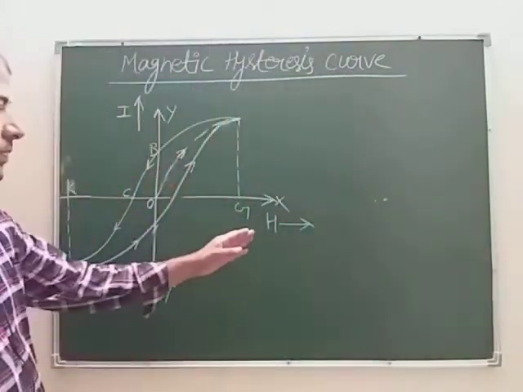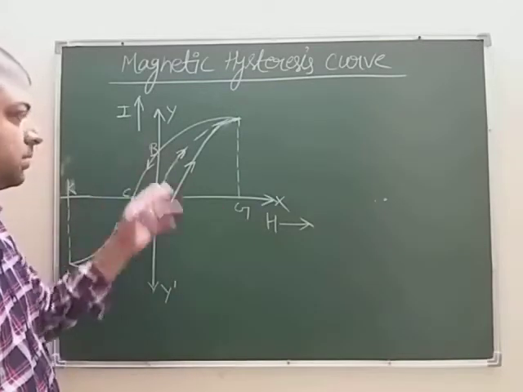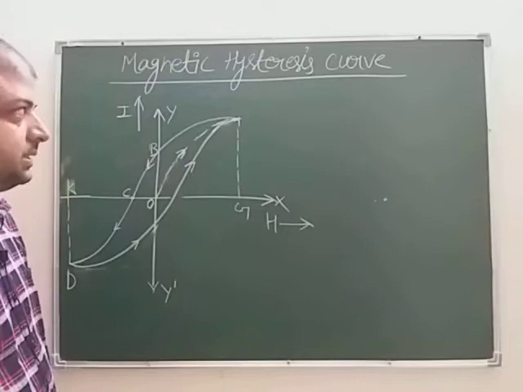The graph plotted between H and I is called the magnetic hysteresis curve.